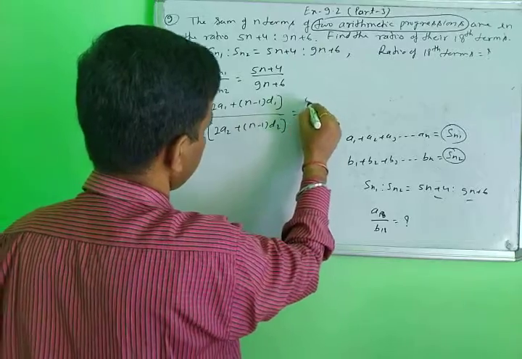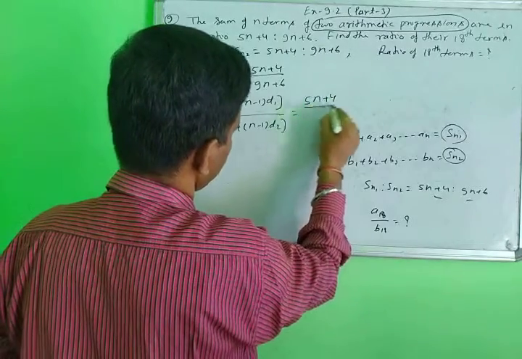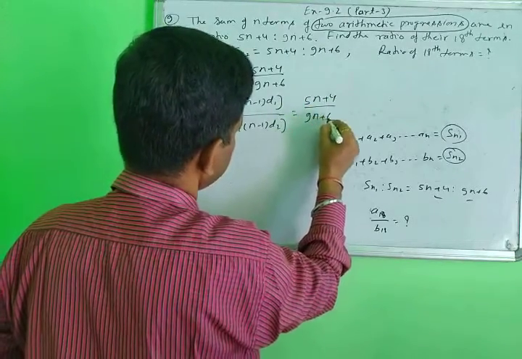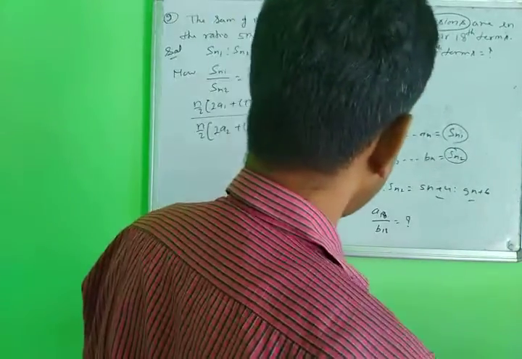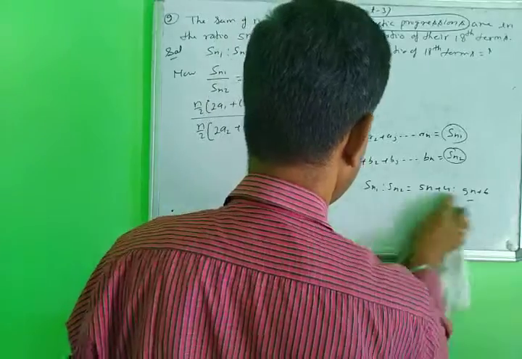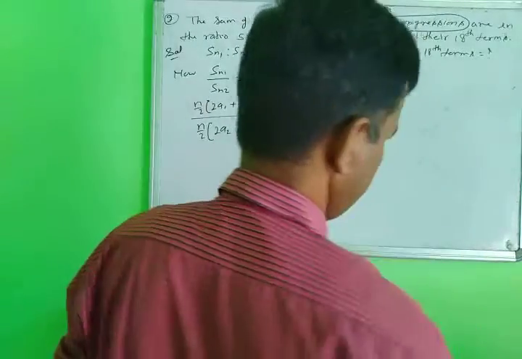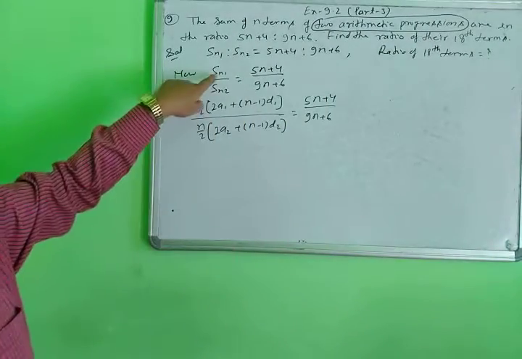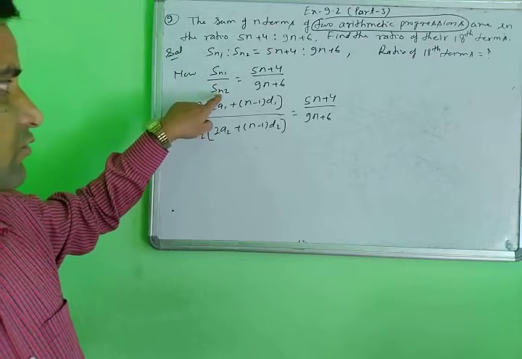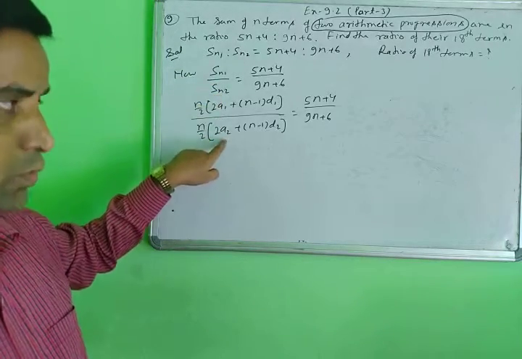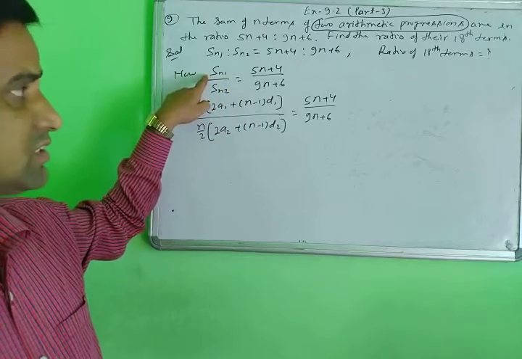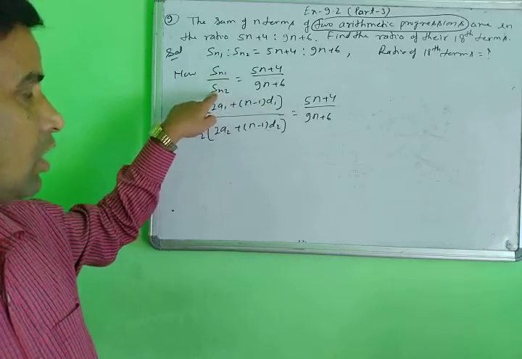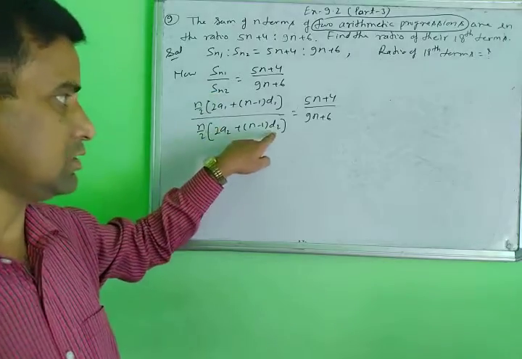This equals 5n plus 4 upon 9n plus 6. Here A1 and A2 are the first terms of the first and second series, and D1 and D2 are the common differences of the first and second series.